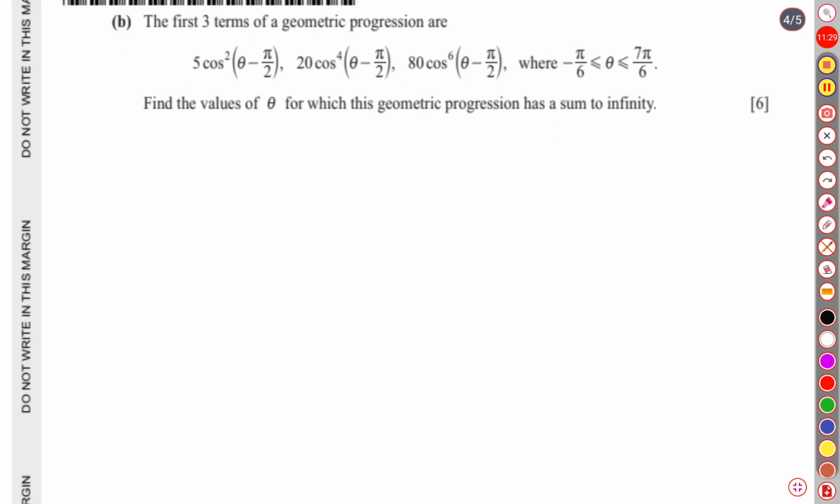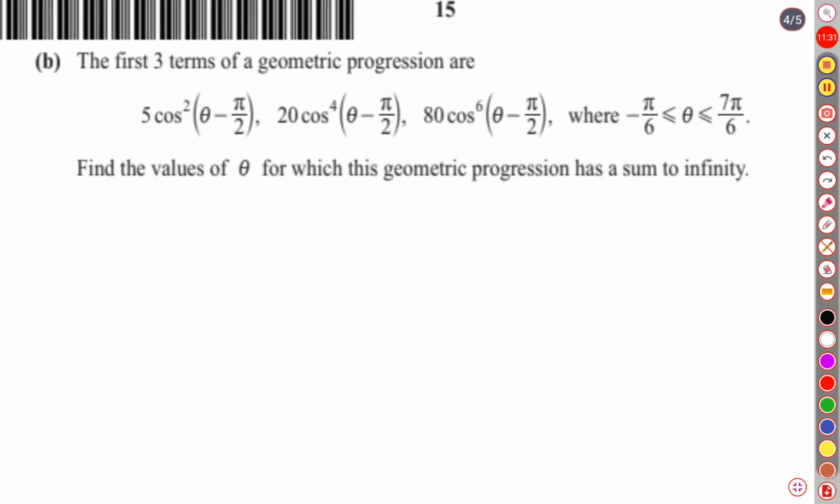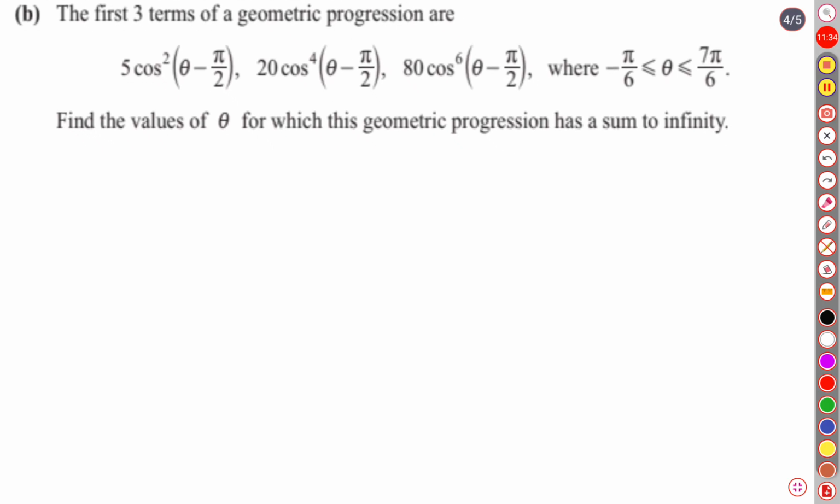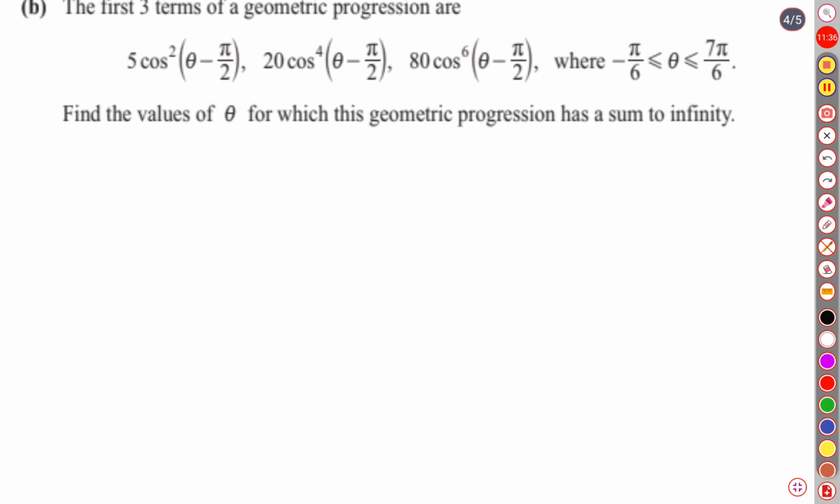The question says the first three terms of a geometric progression are 5 cos^2(theta minus pi over 2), 20 cos^4(theta minus pi over 2), and 80 cos^6(theta minus pi over 2), where theta ranges from minus 30 degree until plus 210 degree.